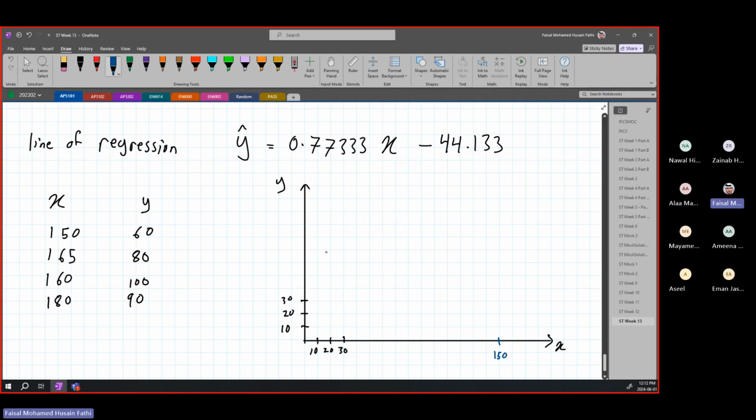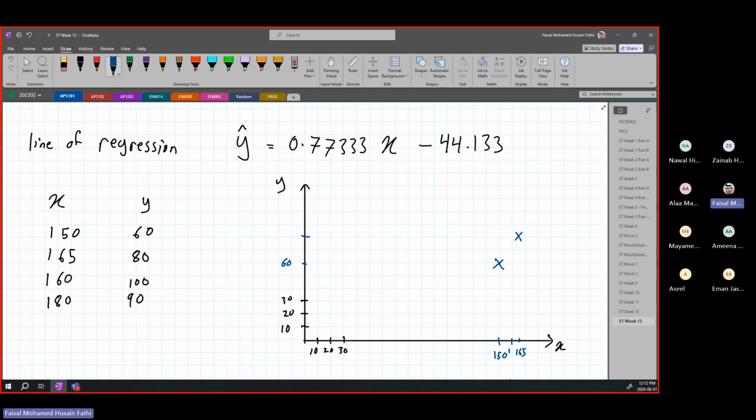And 10, 20, 30, 40, 50, 60. This is our 60. So it is going to be over here. This is our first point. 165 is going to be, this is 160. So 165 is going to be somewhere in the middle over here. And it is at 80, which is here. So this is going to be somewhere along here, right? This is 165. And then 160 is going to be here.